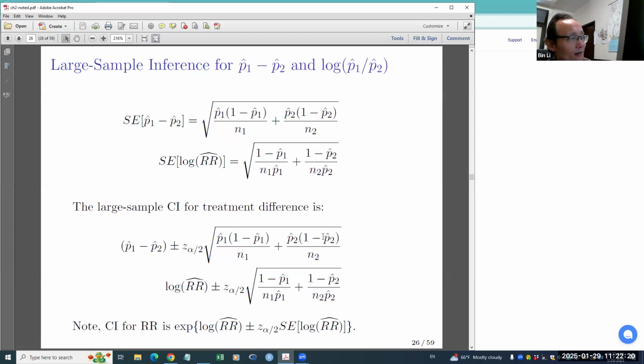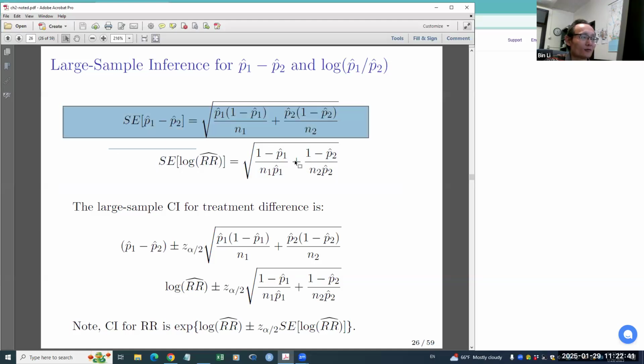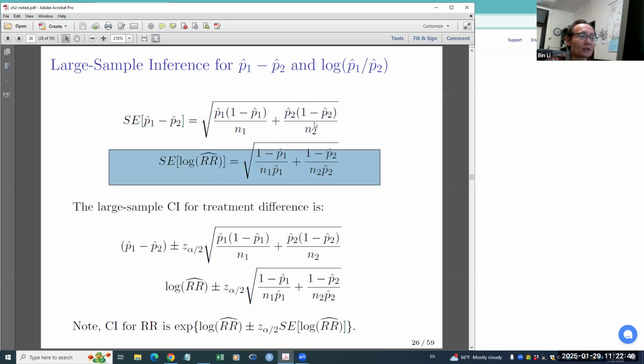For the odds ratio, we've already talked about the large sample inference, right? But now we talk about the large sample inference for the difference and the relative risk. For the difference, that's the standard error. And for the log of the relative risk, it's this one. Similarly, these formulas are also from the delta method.